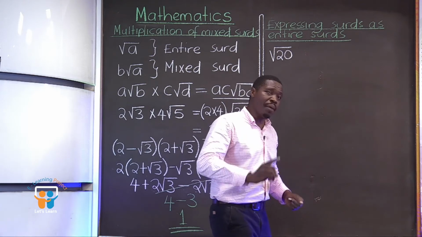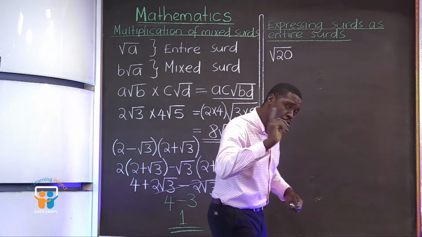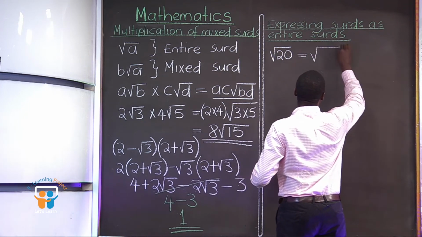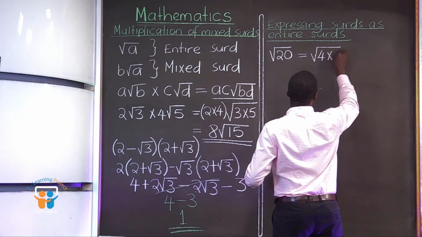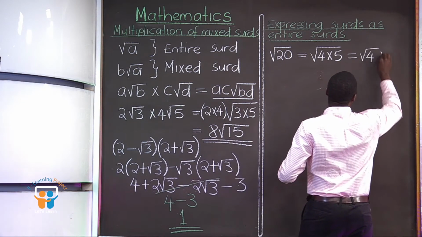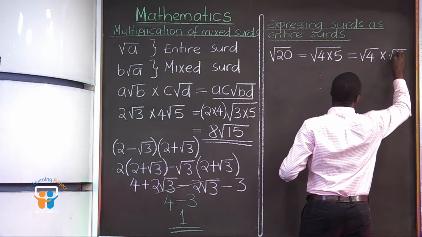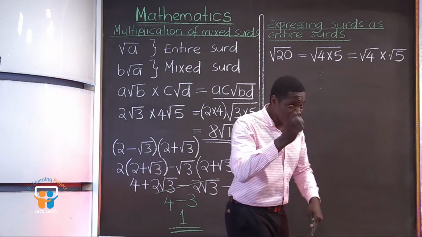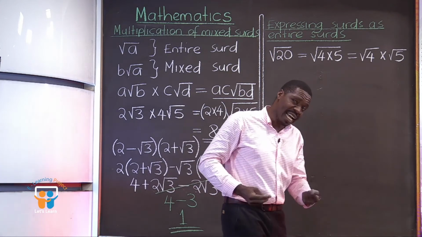But one of those 2 numbers must have a square root, implying that I'm going to have the root of 4 times 5, which gives the root of 4 times the root of 5. We already covered that. I'm only reminding you.